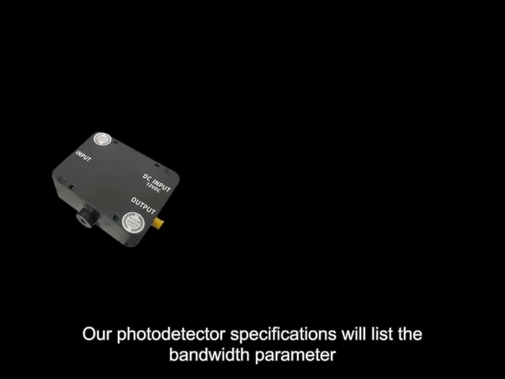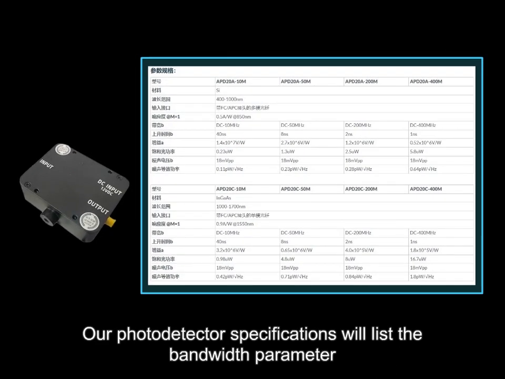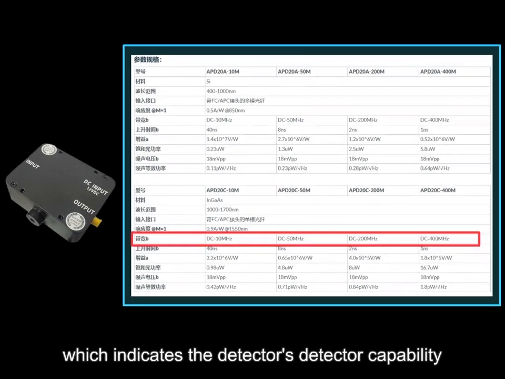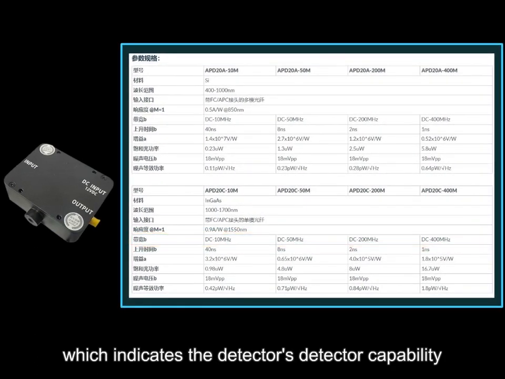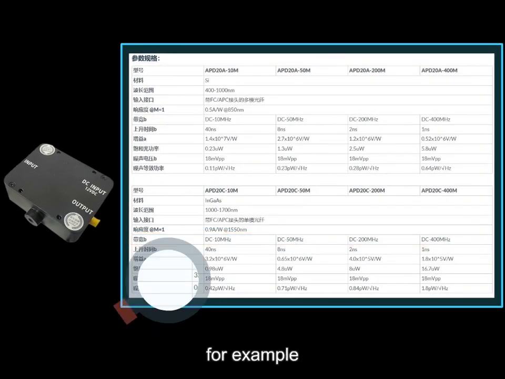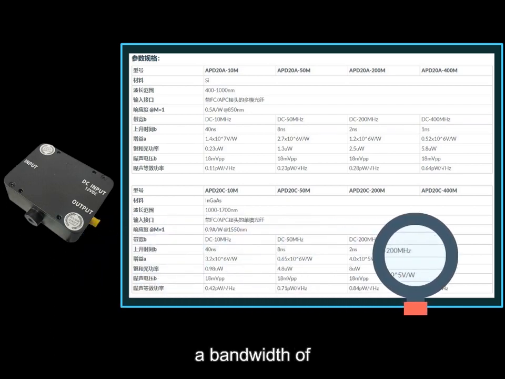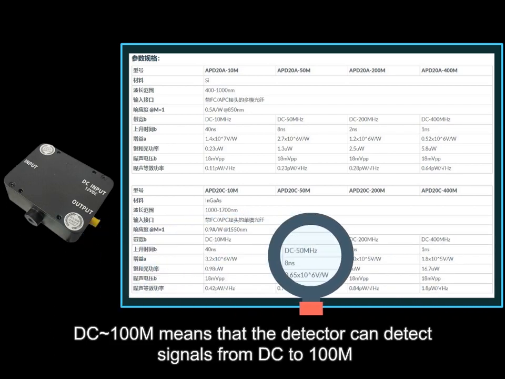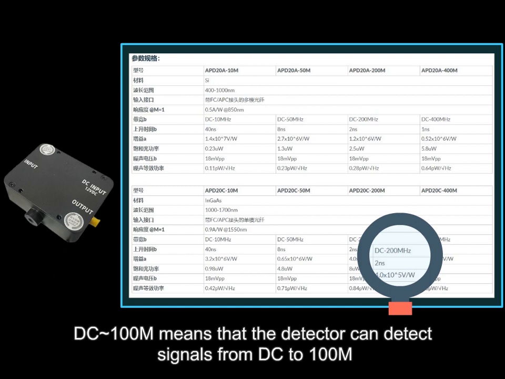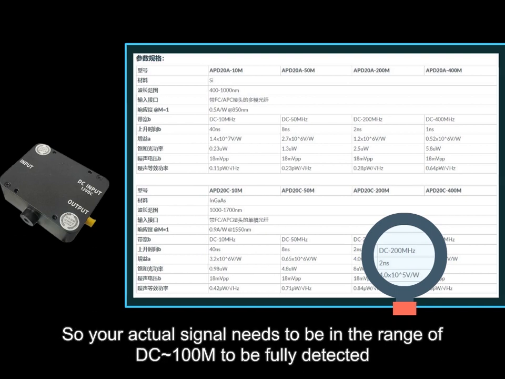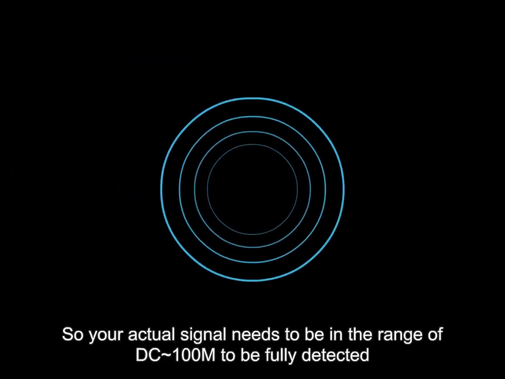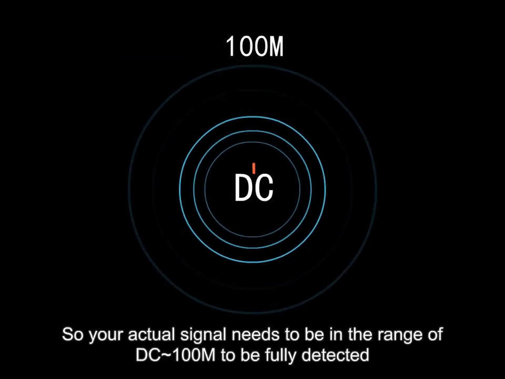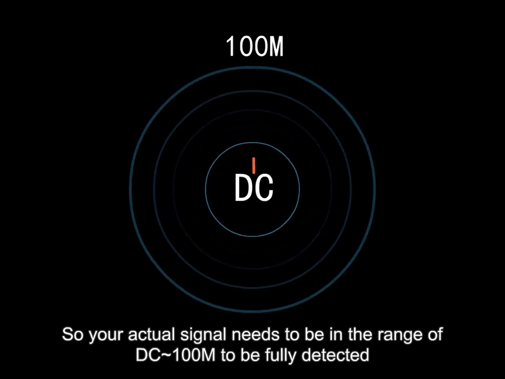Our photodetector specifications will list the bandwidth parameter, which indicates the detector's detection capability. For example, a bandwidth of DC to 100 M means that the detector can detect signals from DC to 100 M. So your actual signal needs to be in the range of DC to 100 M to be fully detected.